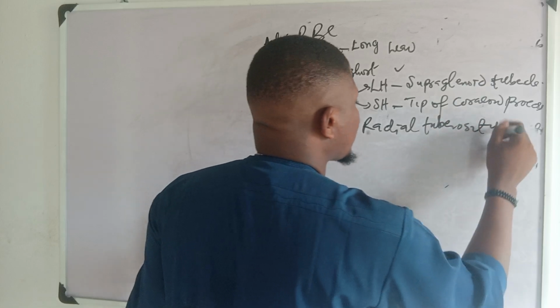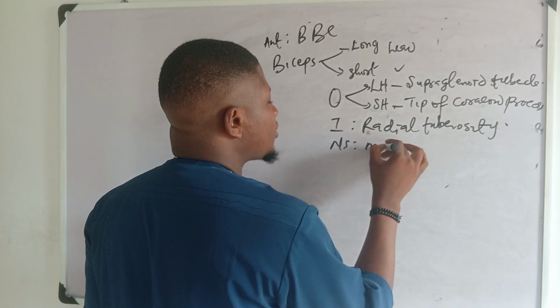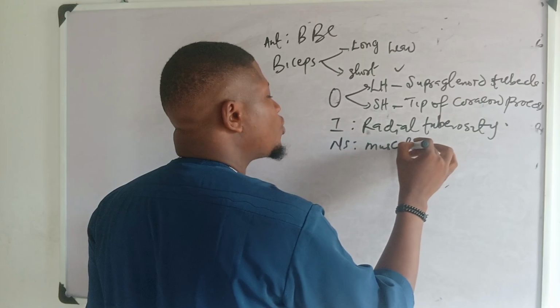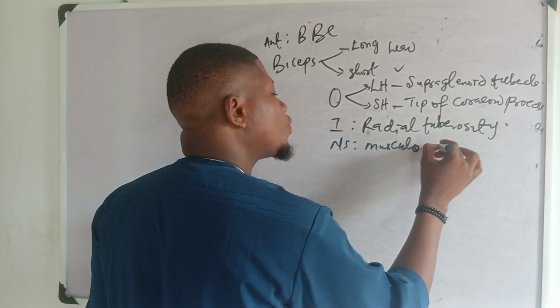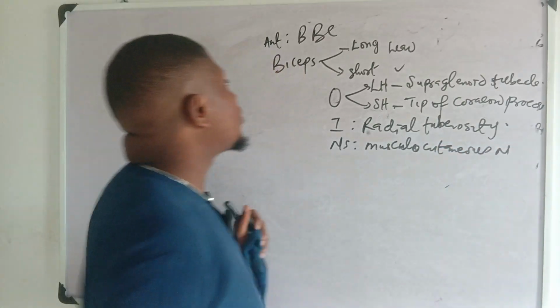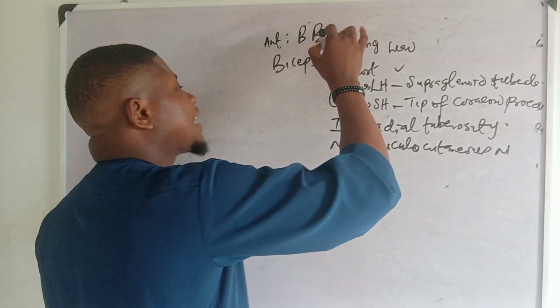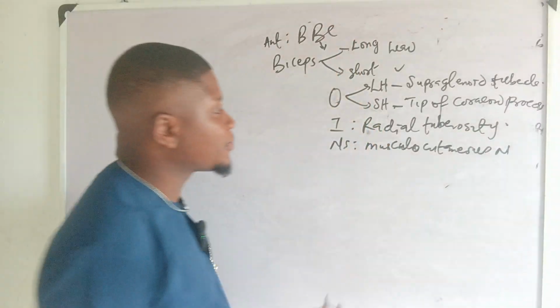Then nerve supply is the musculocutaneous nerve. You should know all the BBC muscles are musculocutaneous, except brachialis, which also has the radial nerve in addition.